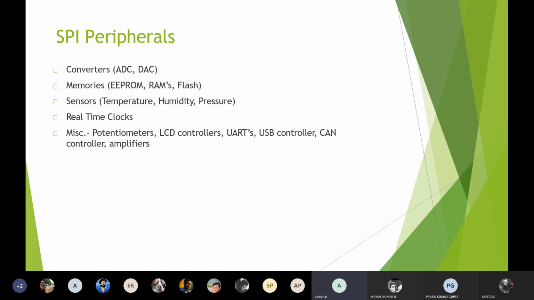And something like a potentiometer, the LCD controller, UART (universal asynchronous receiver transmitter), and the USB controller. Nowadays we are using USB, right? In some small devices everything comes under USB, so there I will use SPI, and the CAN controller and amplifier. So these are some few applications of the serial peripheral interface.